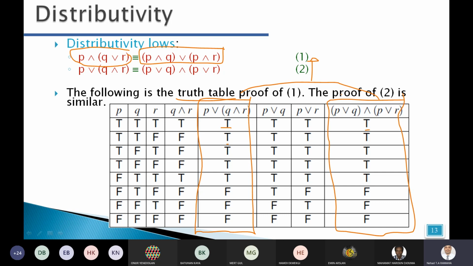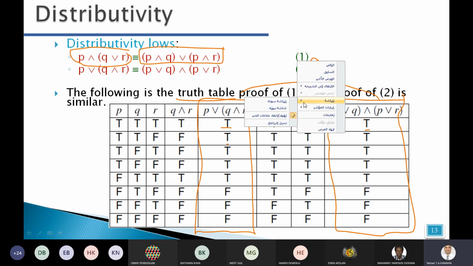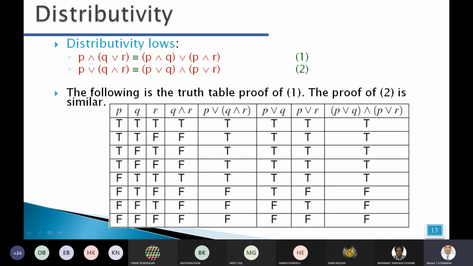I just want to mention one thing here. It's very clear how to make the proof, but we have here 1, 2, 3 propositions. So if you have 3 propositions, your truth table will be like this. Also, same idea. We need all the possibilities.